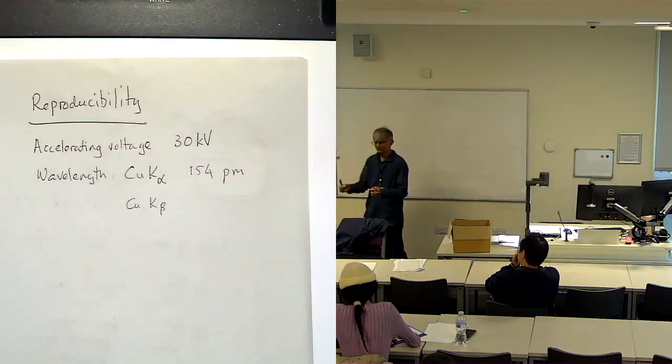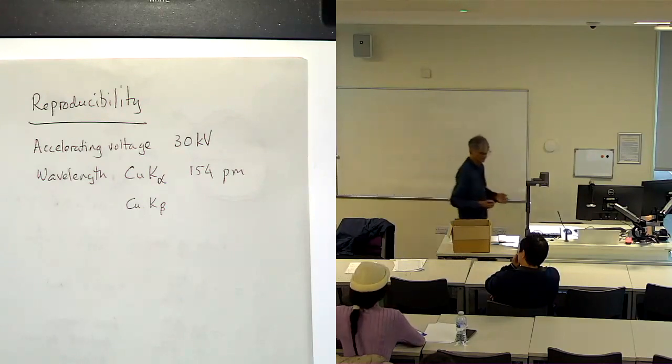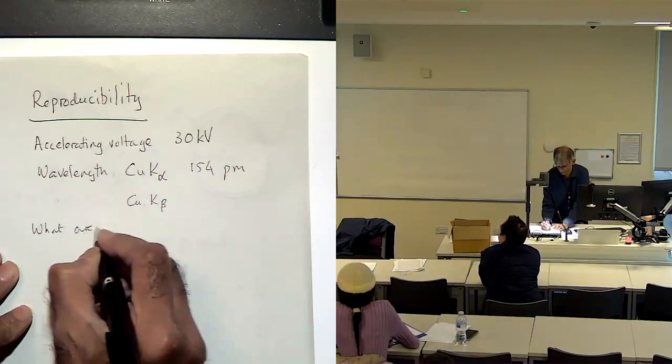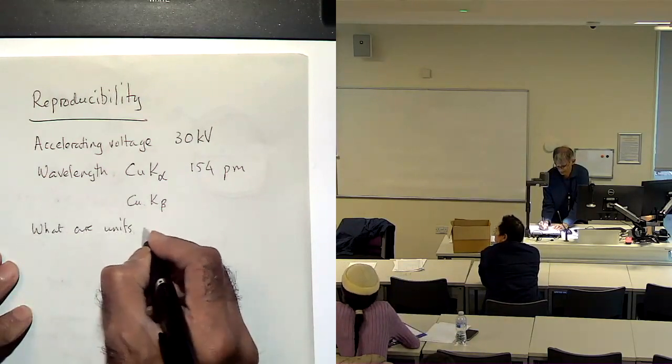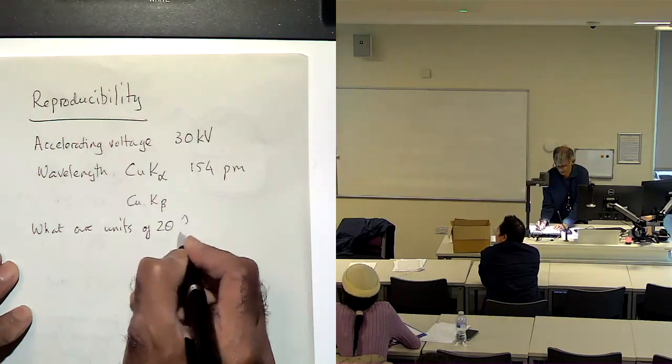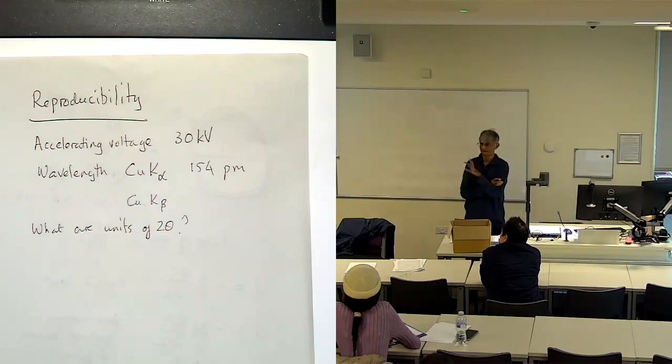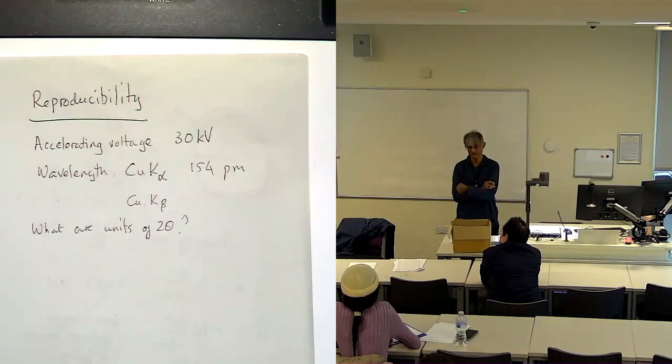Okay, then you are measuring intensity at particular values of 2 theta. Okay? So, what are the units of 2 theta? Can you recall? Degrees or radians, but in our case the machine was calibrated clearly in degrees because it went up to 180 degrees on this side and another 180 on that side.